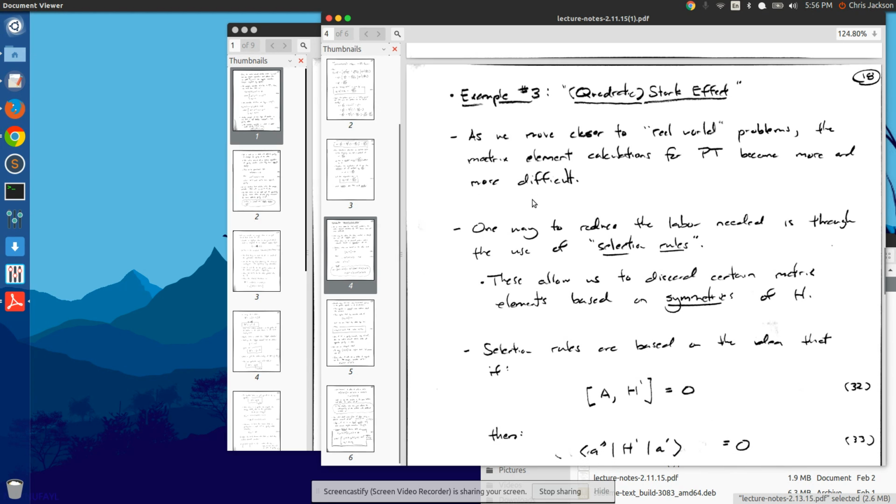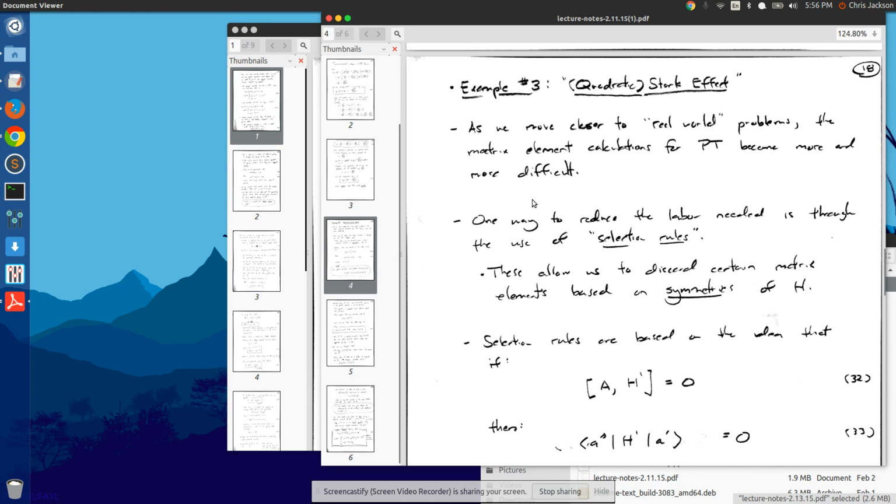This is basically an electron in a hydrogen-like atom in an external electric field. We'll get to the details in just a minute.